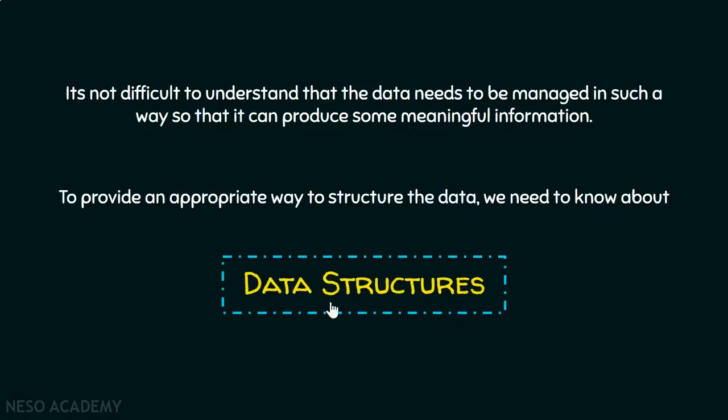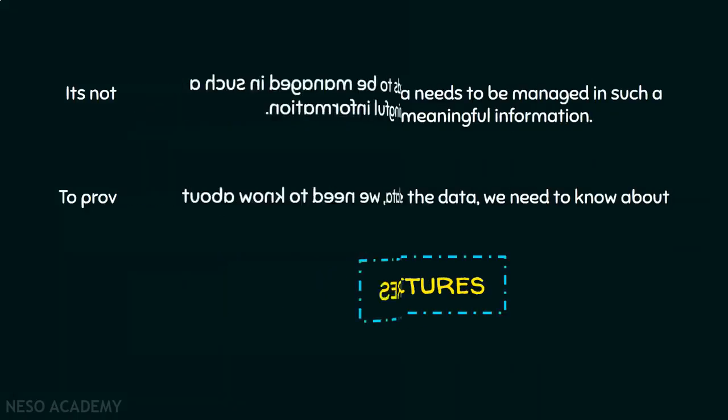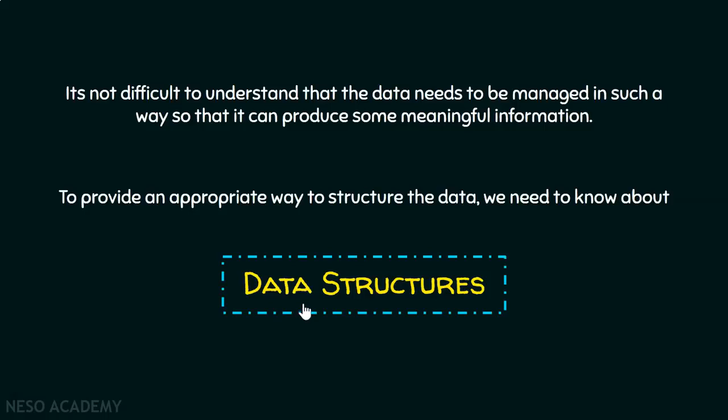That is why it is so useful to understand data structures. Data structure gives us the way to structure the data, to appropriately manage the data so that we can get some meaningful information from it. And not only that, we can use it whenever required in an efficient way. This is the reason why companies are preferring this subject over other subjects because this is very important subject, right?